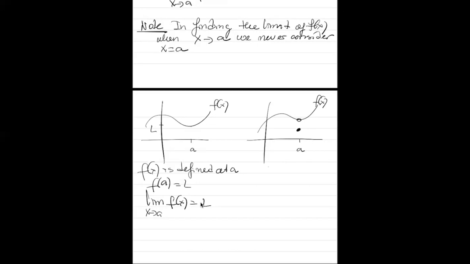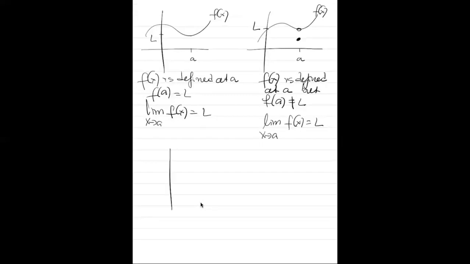So we're going to say f of x is defined at a, but f of a is not equal to L. So where is L? L is right here. So in this case, we redefine the function at a. The limit of f when x approaches a is still L. We had a hole, which we redefined. So the limit is still L.